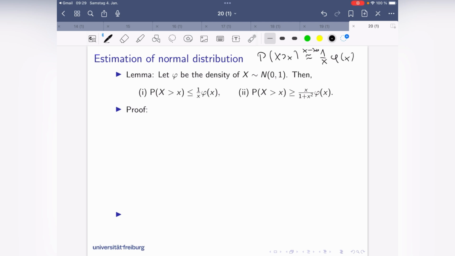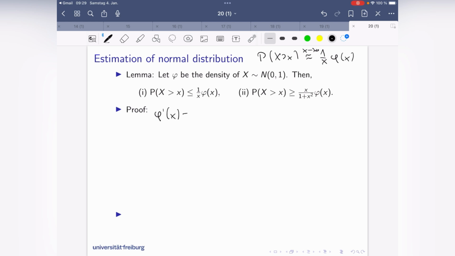So let me show these two properties. And that's actually not that hard. I need two things. Phi prime of x, where phi, by the way, is the density of X. So phi prime of x, okay, phi is 1 over the square root of 2 pi times e to the minus x squared over 2.